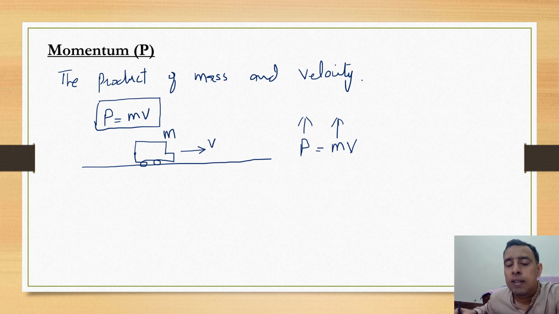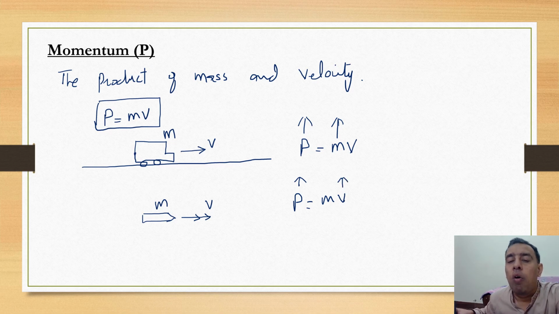But as compared to this truck, if you have a small bullet fired from the gun, its mass is very small but its velocity is large. So in this case, the momentum is high because the velocity is very high. It means all the moving objects have some momentum. If the object has some velocity, it must have some momentum.